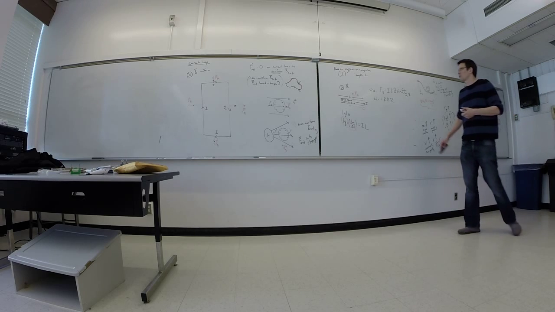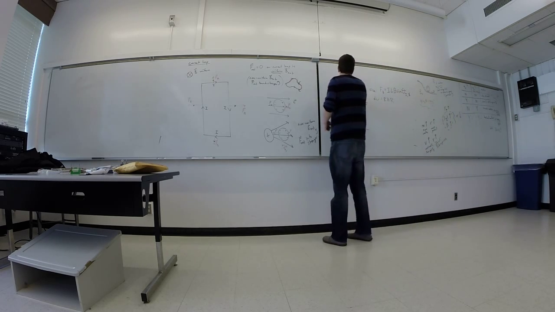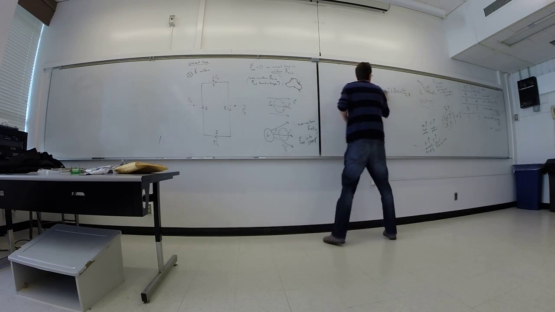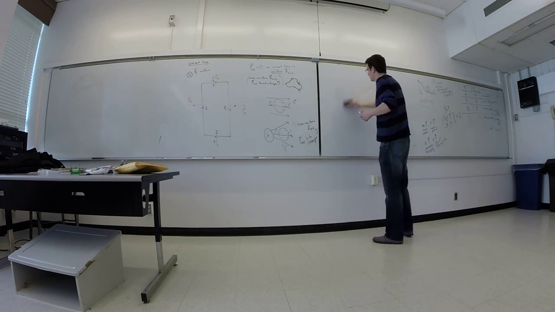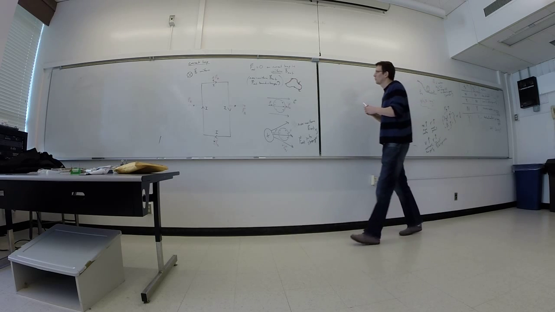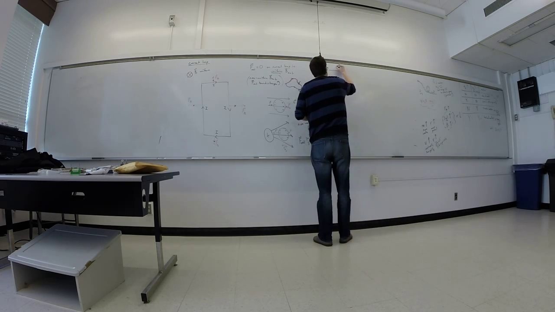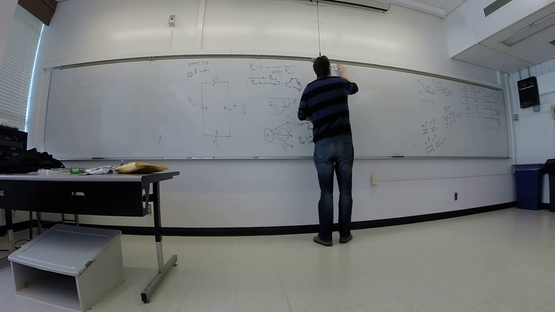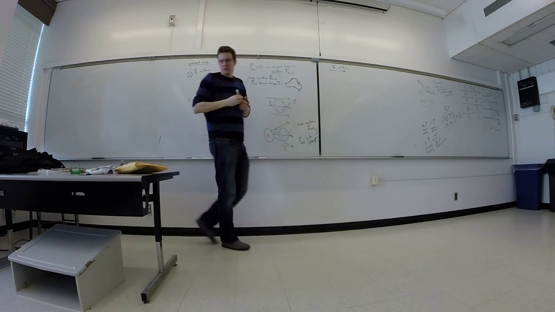However, let me show you what happens if you change the orientation a little bit. So what I'm going to do over here is put the uniform field in. I'm going to have the uniform field point to the right instead of into the page.